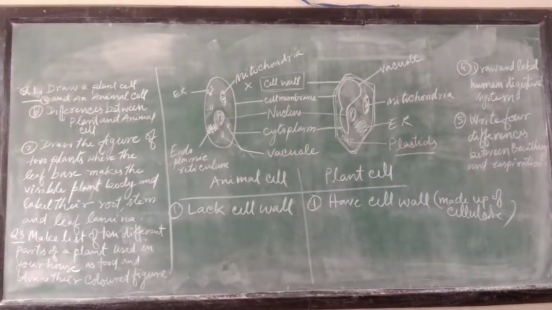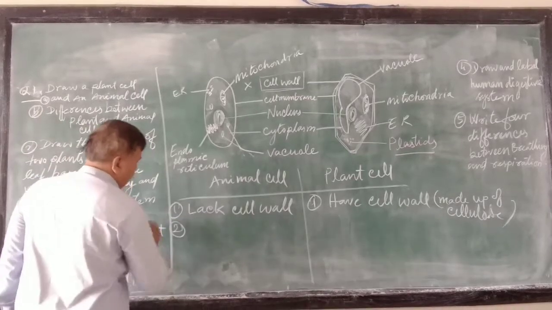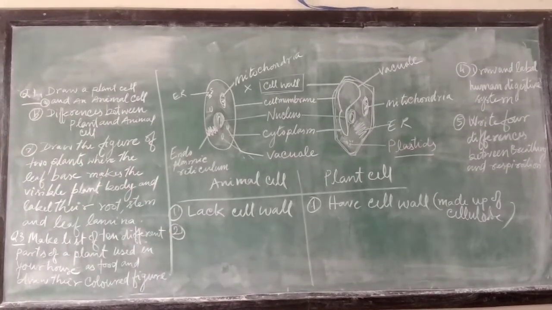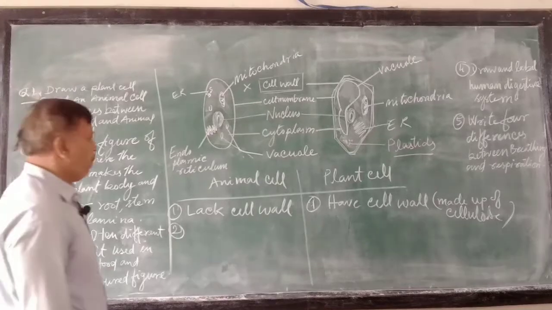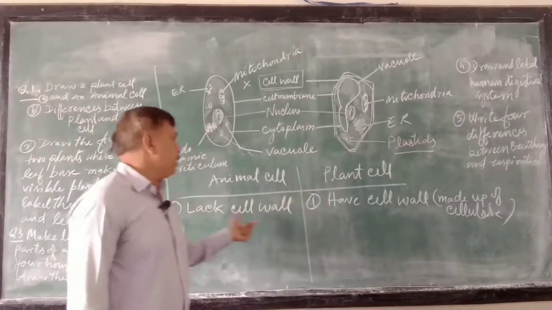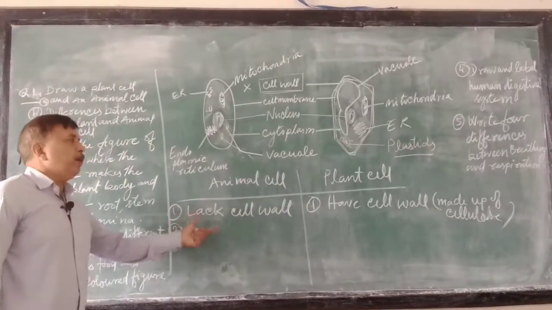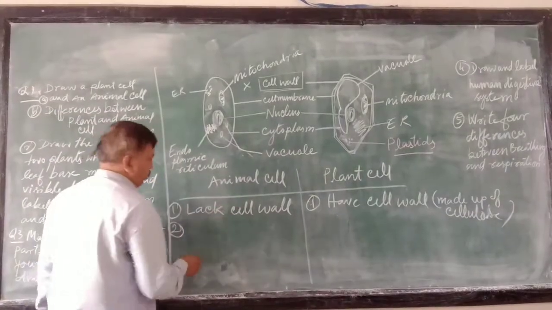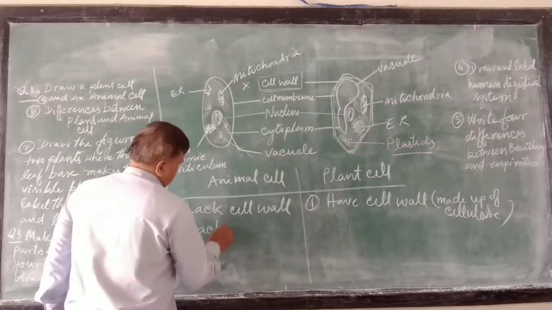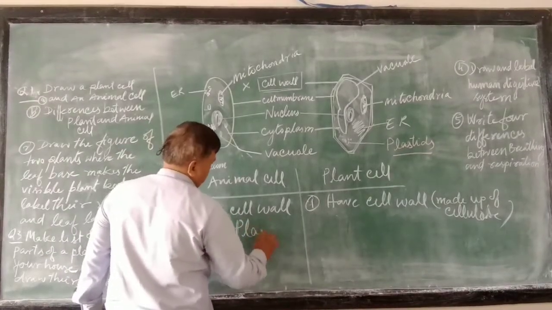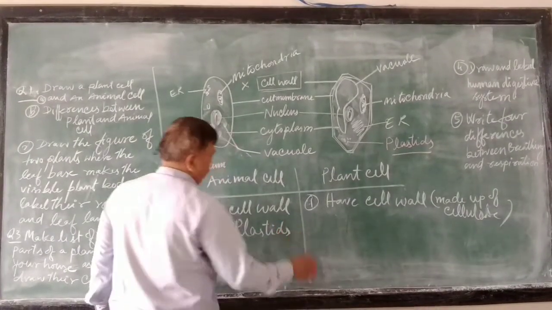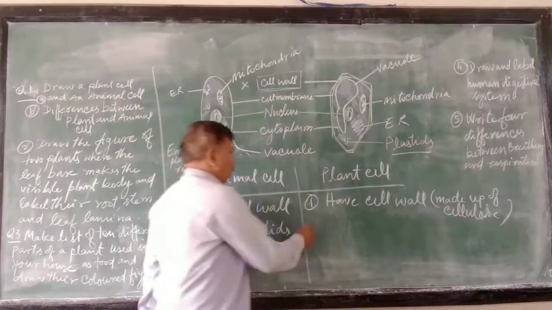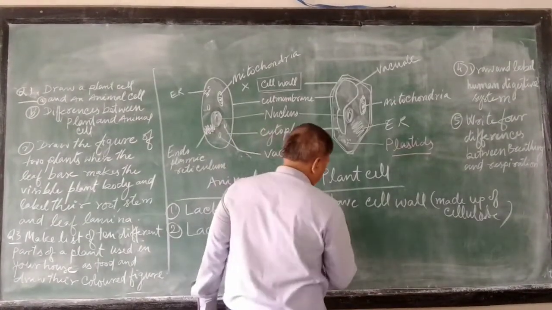Clear? The second thing is another difference between the animal cell and plant cell. Animal cells lack plastids, the coloring objects, and here plant cells have plastids.